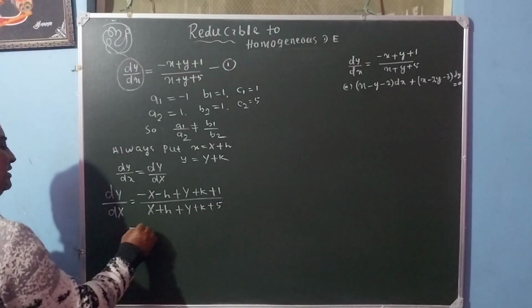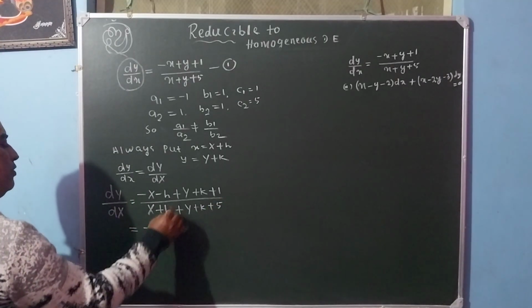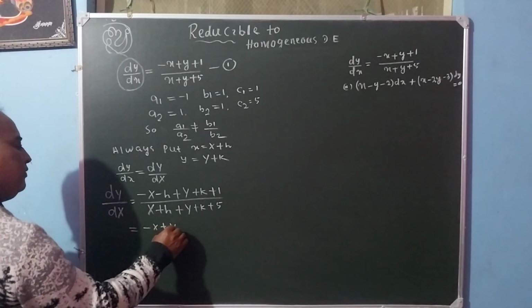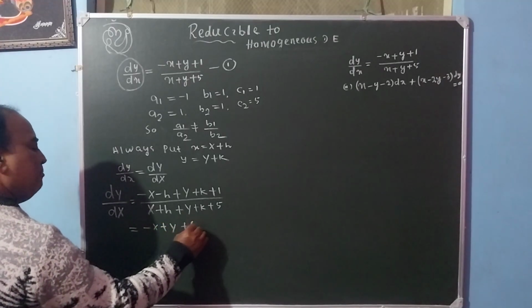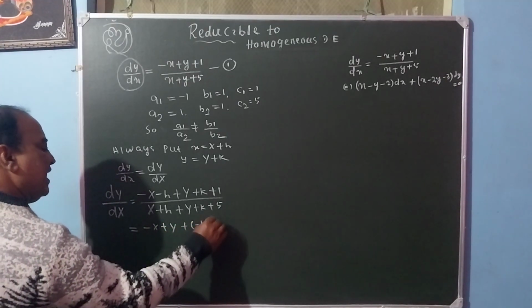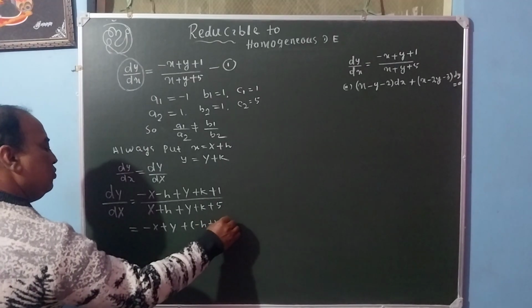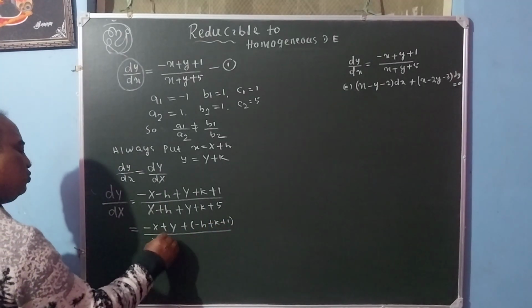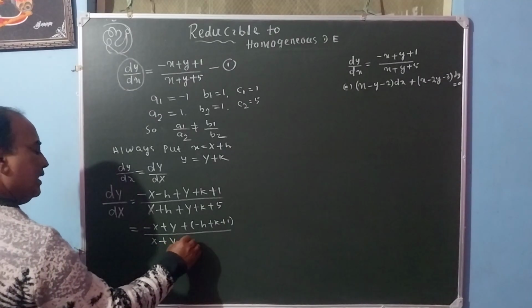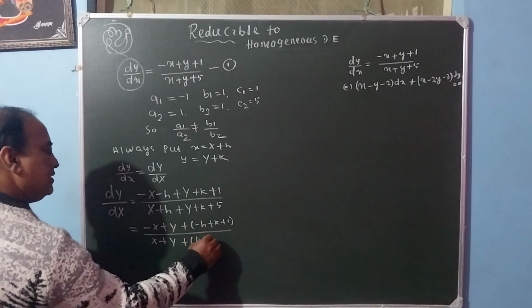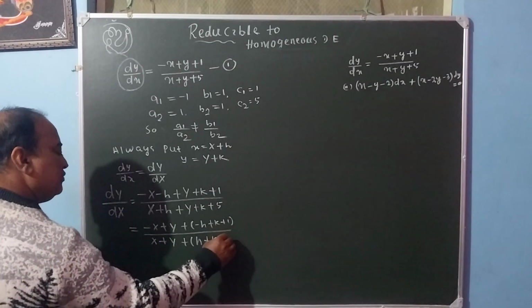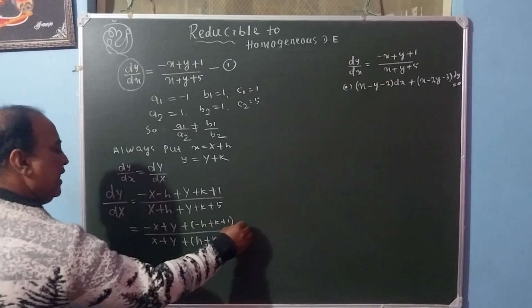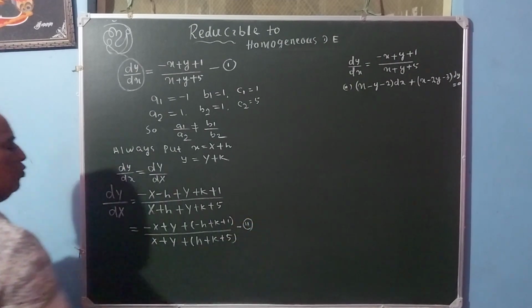So that implies minus X plus Y plus minus h plus k plus 1, divided by X plus Y plus h plus k plus 5. This is known as equation 2.